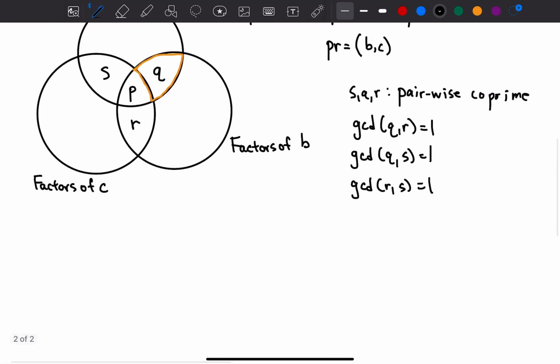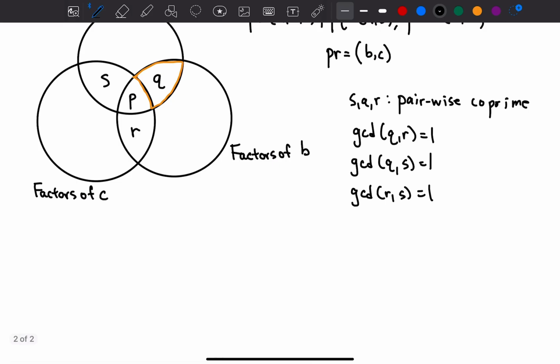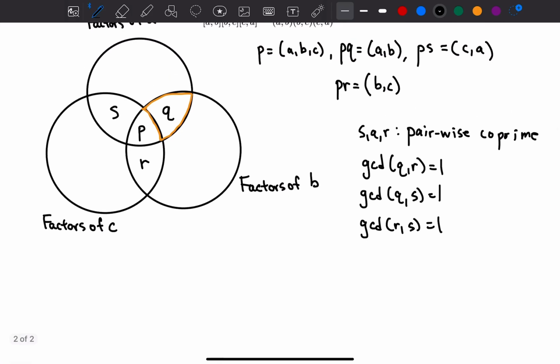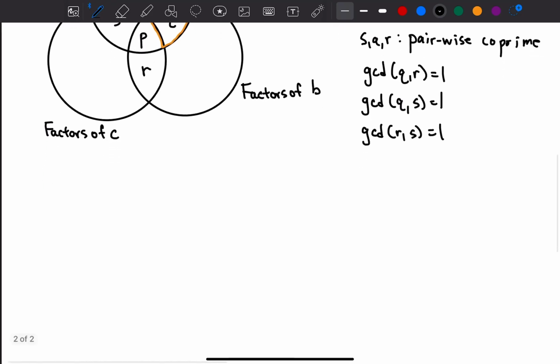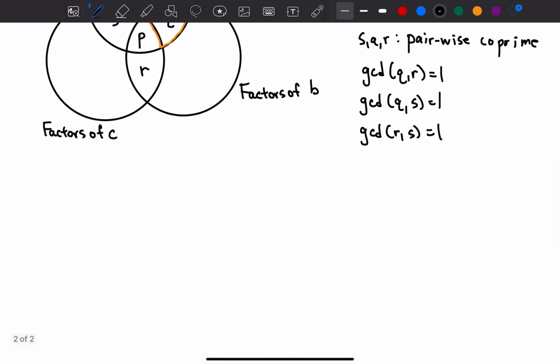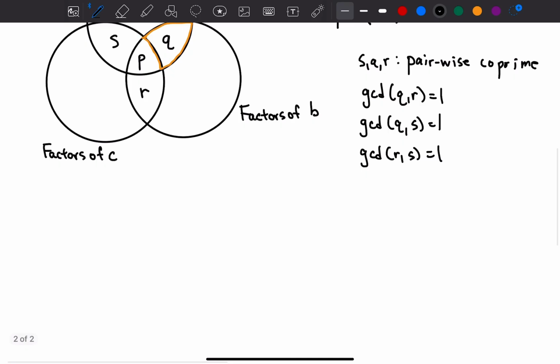Intuitively this makes sense because, as you see, they are separated in different sections of this Venn diagram. But to actually prove this, we have to use proof by contradiction. We first start with the assumption that there is a common factor between, without loss of generality, Q and R.